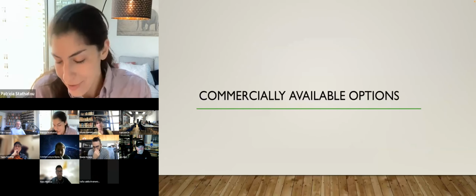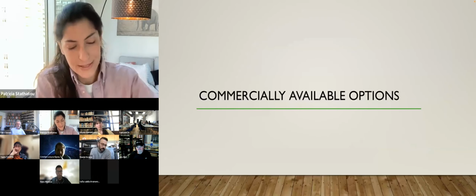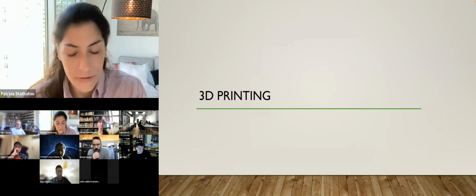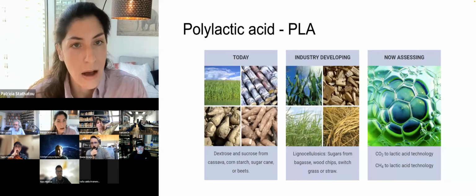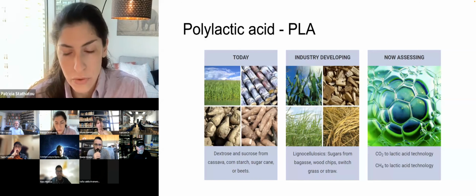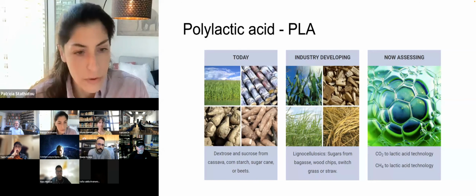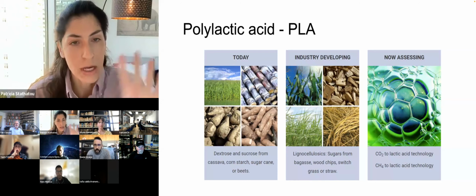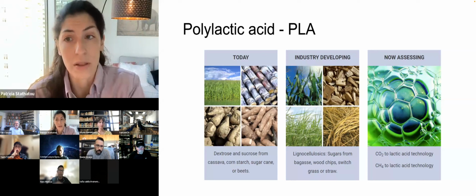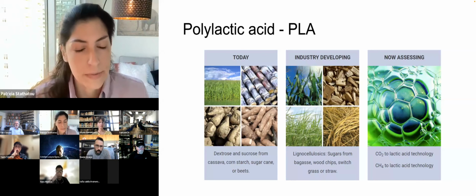So some commercially available options in order to achieve this transition towards this vision that you can easily find and work with for your projects, starting with 3D printing. First of all, it's polylactic acid, PLA. I'm sure most of you are aware of this material or use it for 3D printing at your labs. So starting from the left to the right, we have the first, the second, and the third generation of this kind of material.